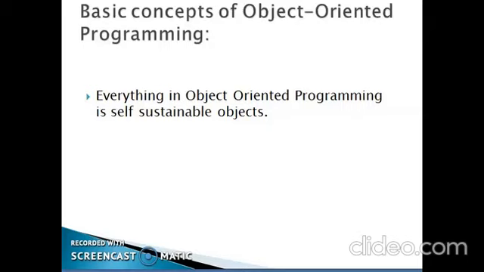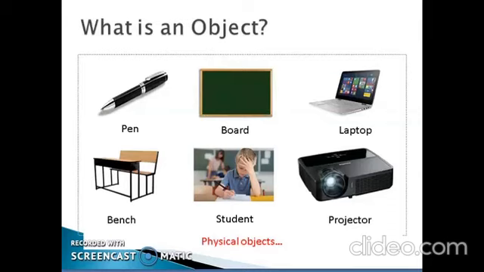For example, let me go to the next slide. I have a pen here, a blackboard, a laptop, a bench, a student, a projector. What are all these? All these are objects. What type of objects are they? Physical objects.